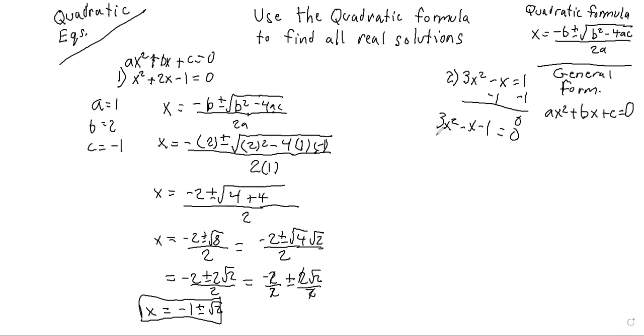We can match it up with the general form, ax squared plus bx plus c equals 0, where we can see now that a equals 3, b equals negative 1, and c equals negative 1.